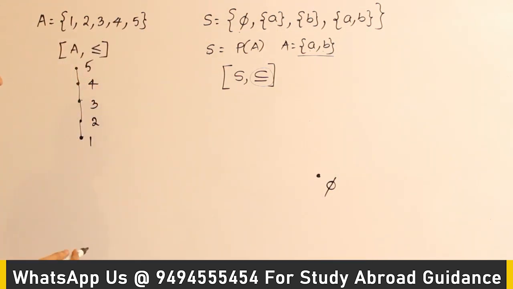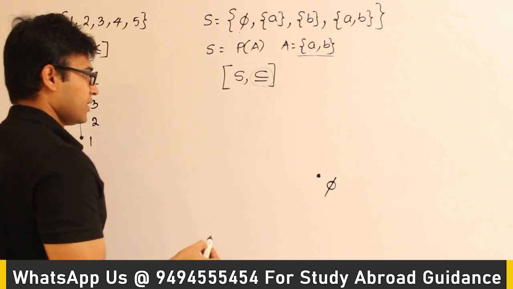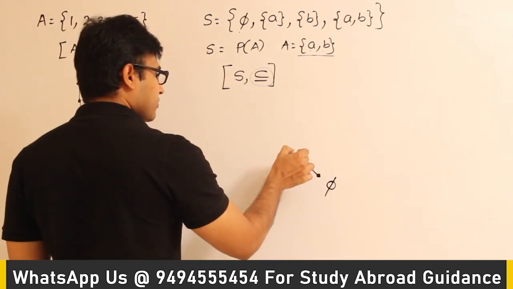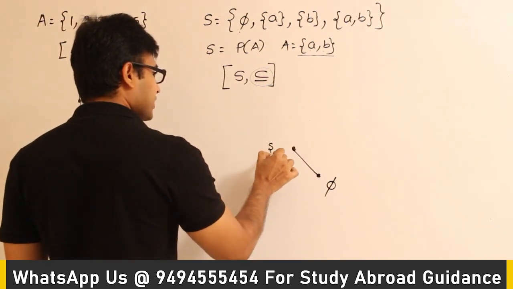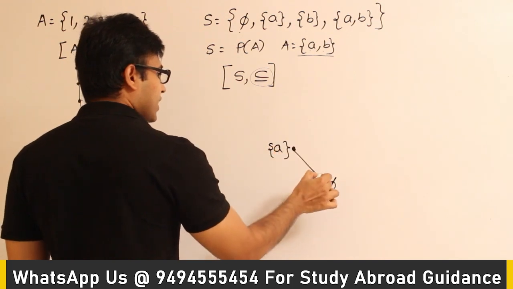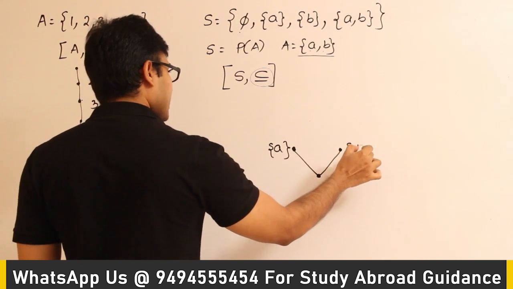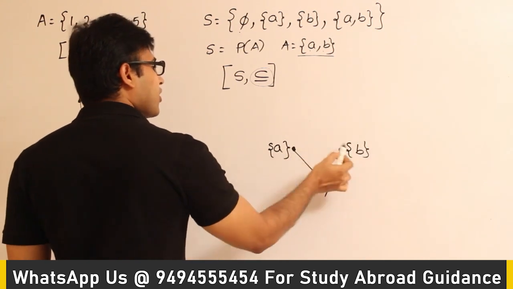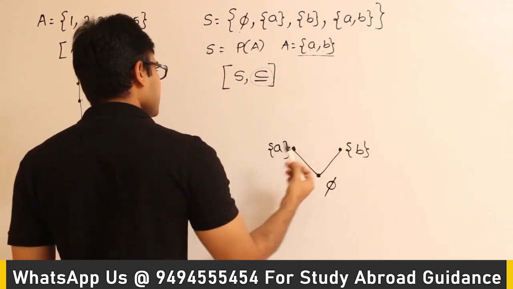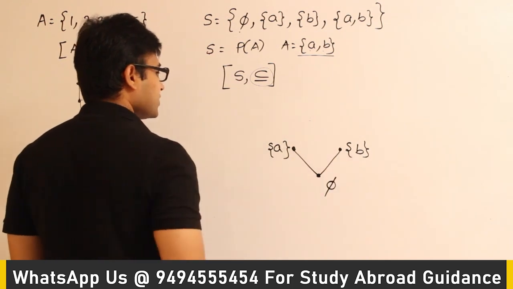The reason is phi will be a subset of everything. So phi will be a subset of the set A, as well as phi will be a subset of the set B. Now these two elements are not related, which means A is not a subset of B as well as B is not a subset of A.